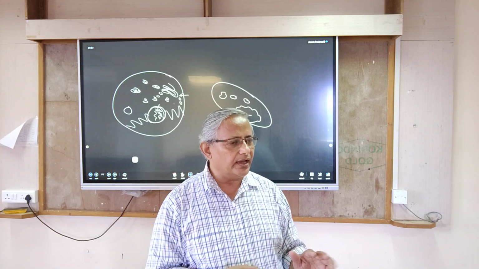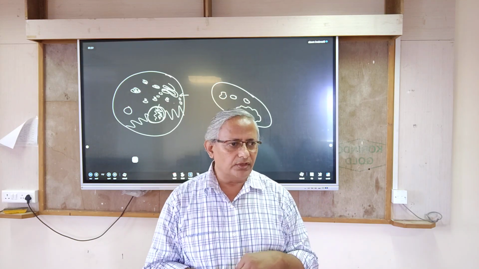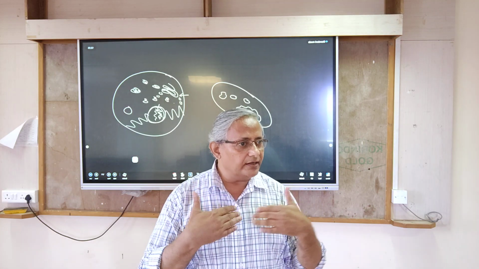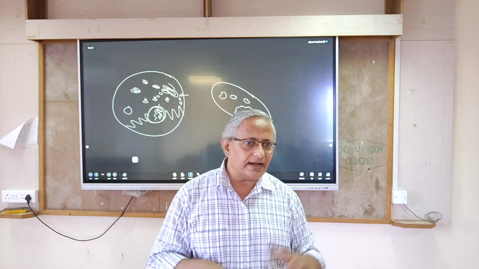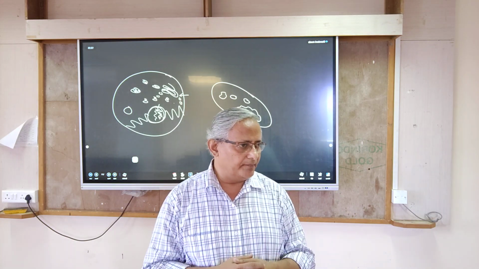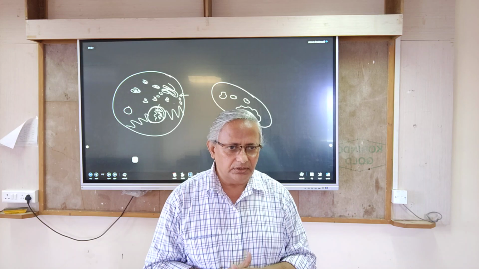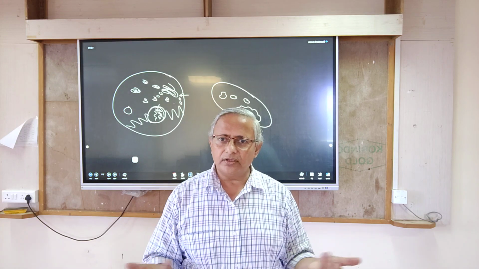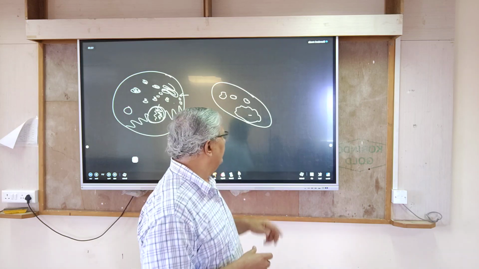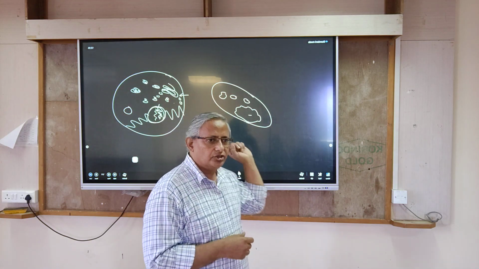Because not every time the DNA you put in will go into the nucleus and get integrated into its own genome. Once that happens, the transgenic experiment is complete. Otherwise, the DNA will get degraded and nothing will happen. Understand that?